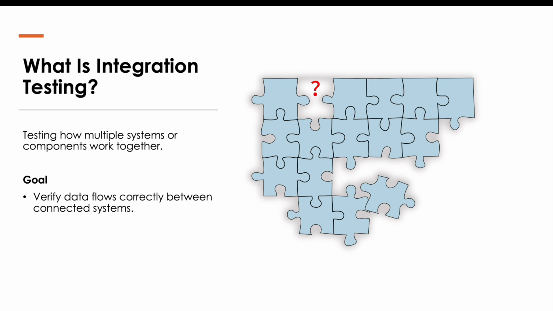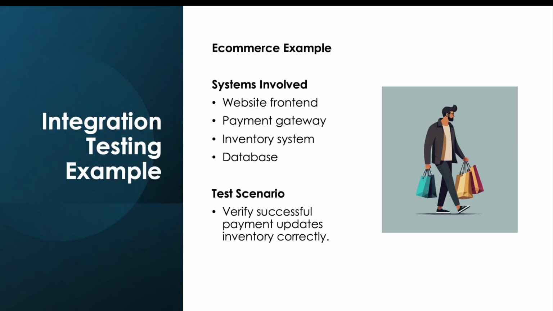What is integration testing? Testing how multiple systems or components work together. So the goal is to verify data flows correctly between connected systems. An integration testing example would be an e-commerce example. The systems involved are the website's front end, payment gateway, inventory system, and database.